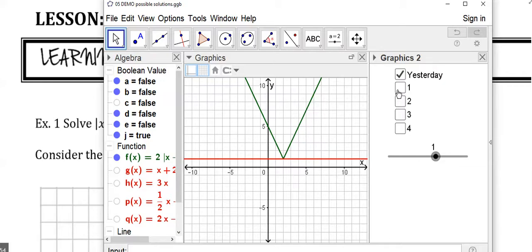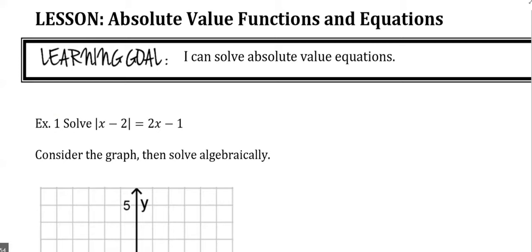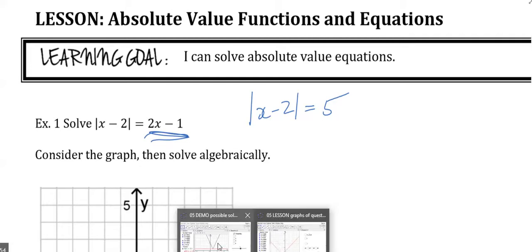But it's possible. Here are all of the different possibilities for the first type of question that we're doing. Remember, that was last week, when I had something like this equal to a constant, which is a flat horizontal line graphically. This is absolute value equal to a line, like a y equals mx plus b kind of line.